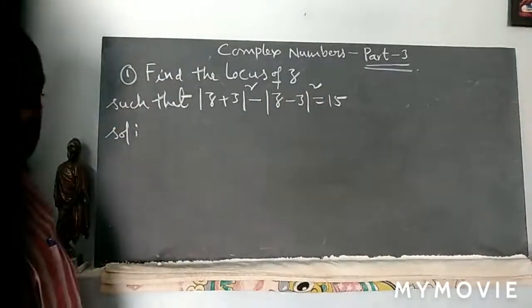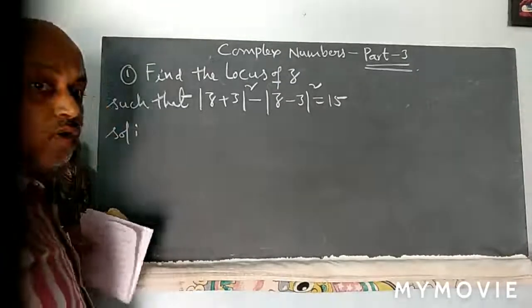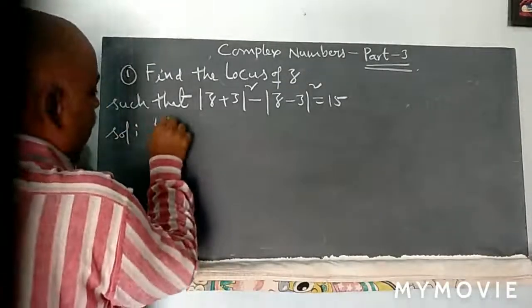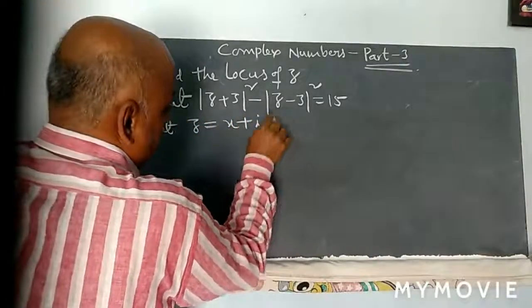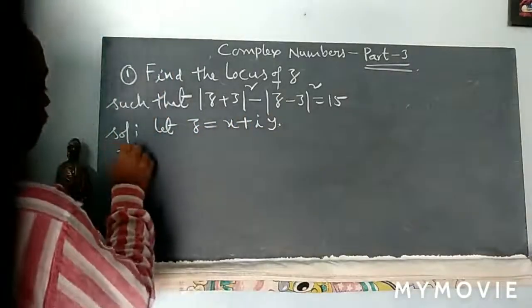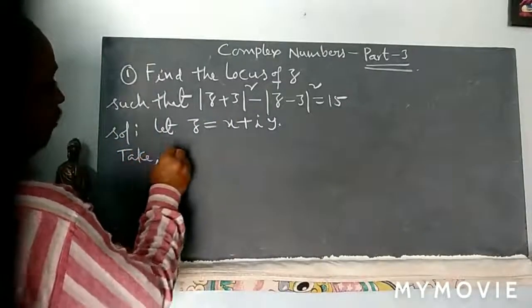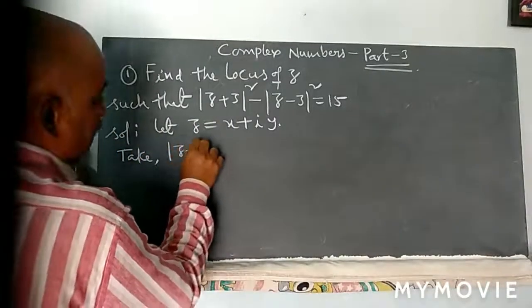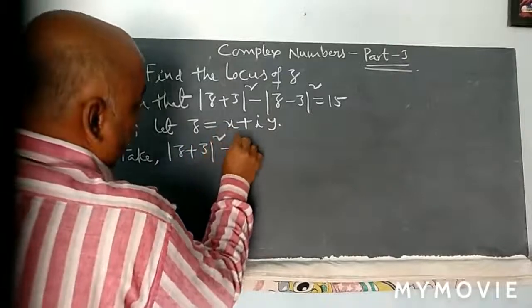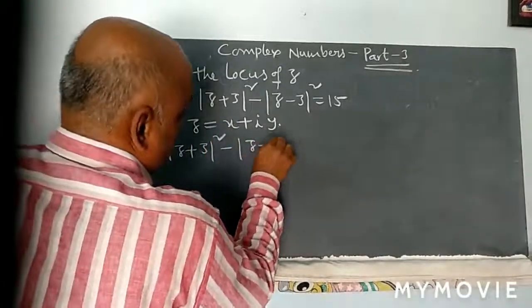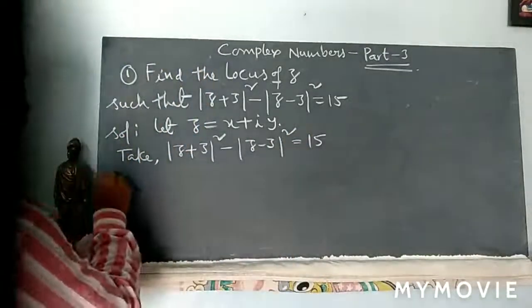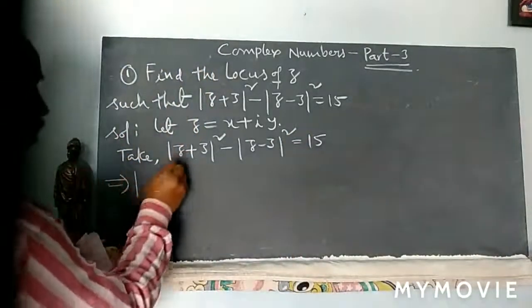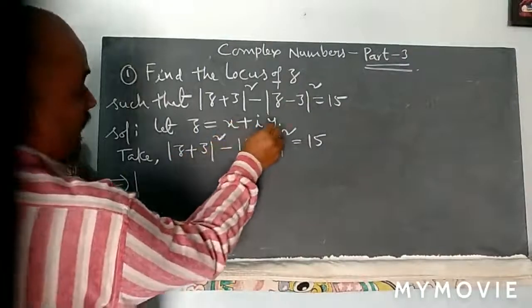Here Z is a complex number, so let Z equal x plus iy. Take |Z+3|² − |Z−3|² = 15. This implies |Z| is x plus iy.